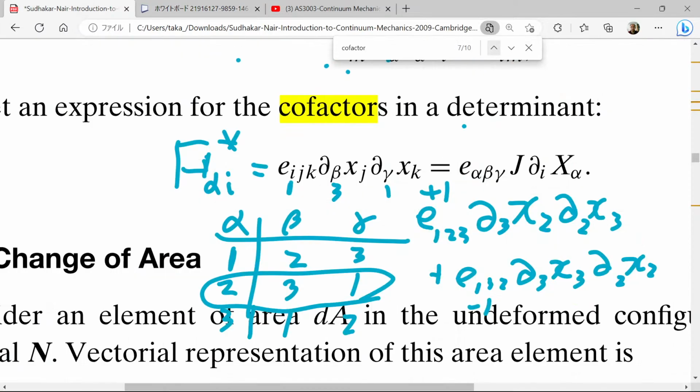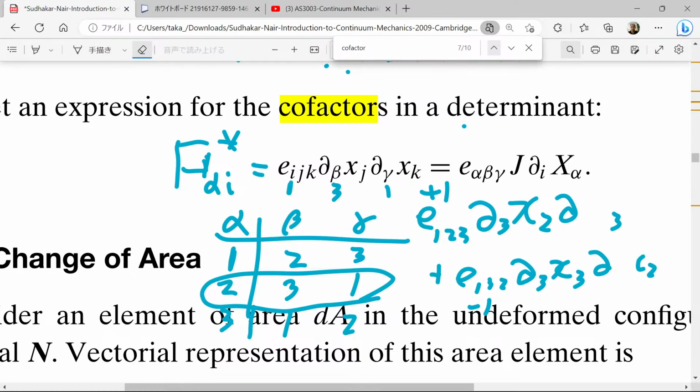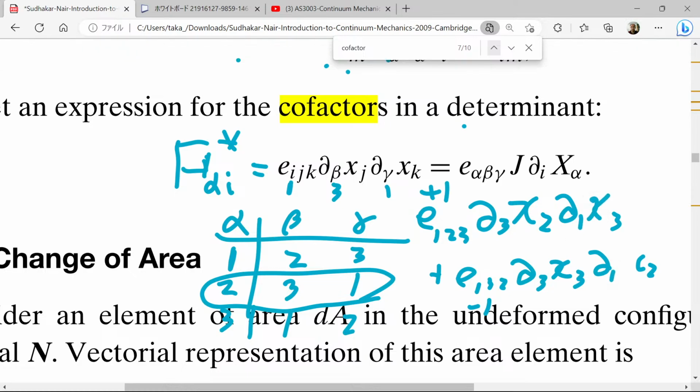We chose alpha 2. And this is 1. I'm sorry. So this is 1. Partial 1 x3 partial 1 x2. 3, 2, 1, 3.